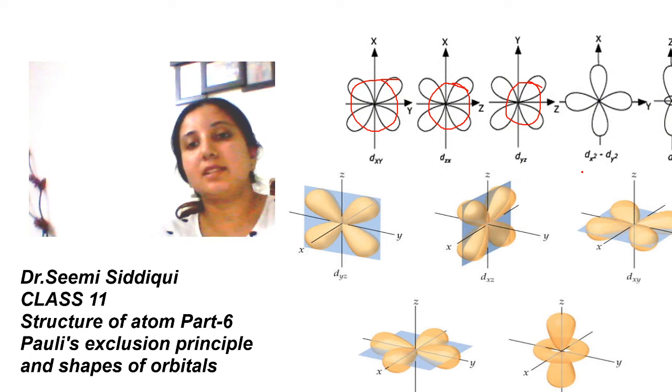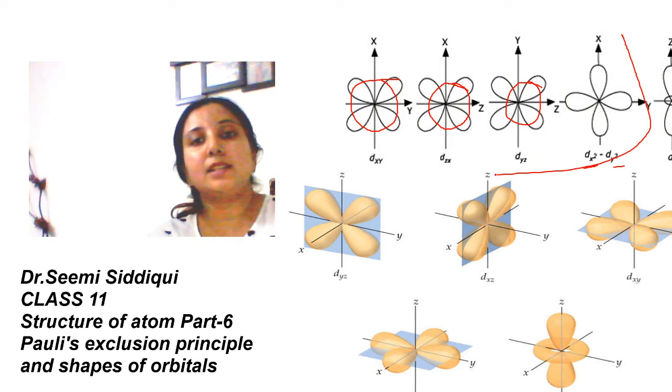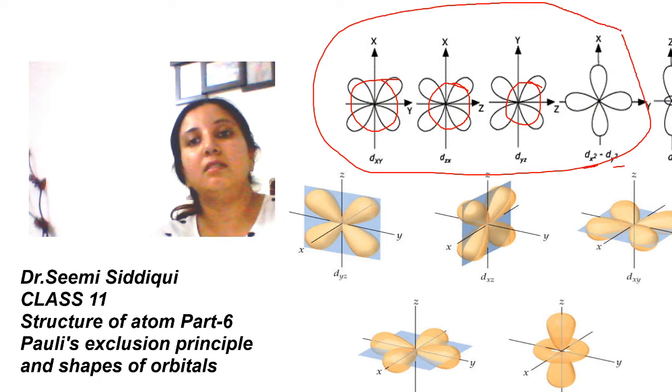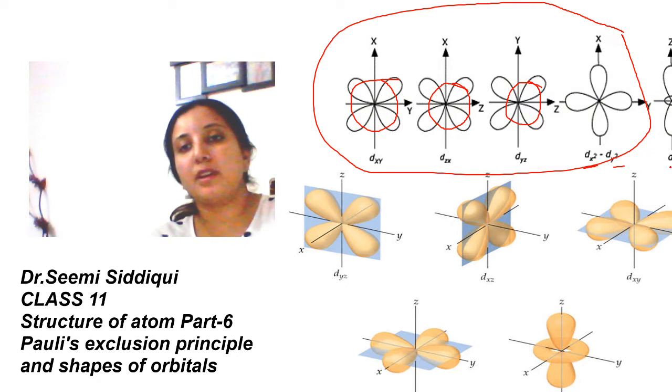In this case, the orientation is along the x and y. In all these cases we have four lobes, but in the case of the z square, it has only this lobe number 1, and this is the number 2 lobe.